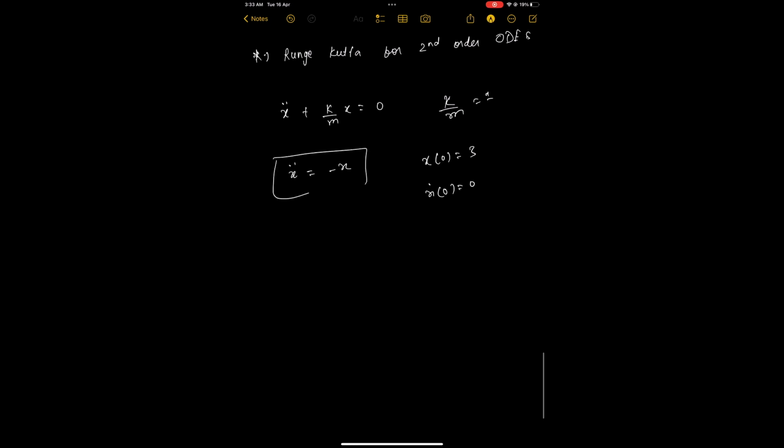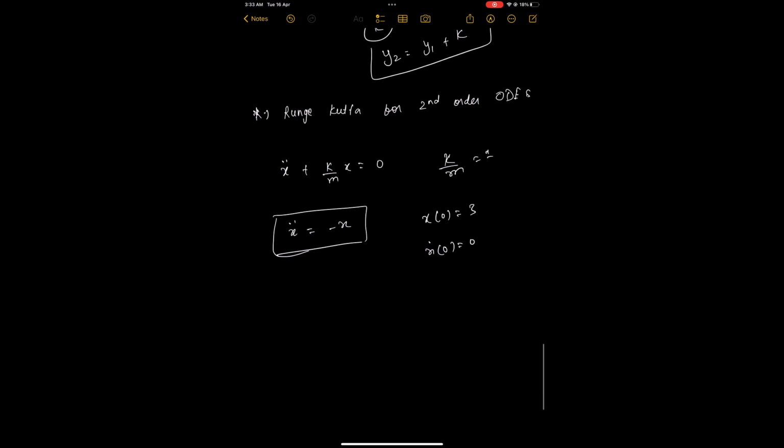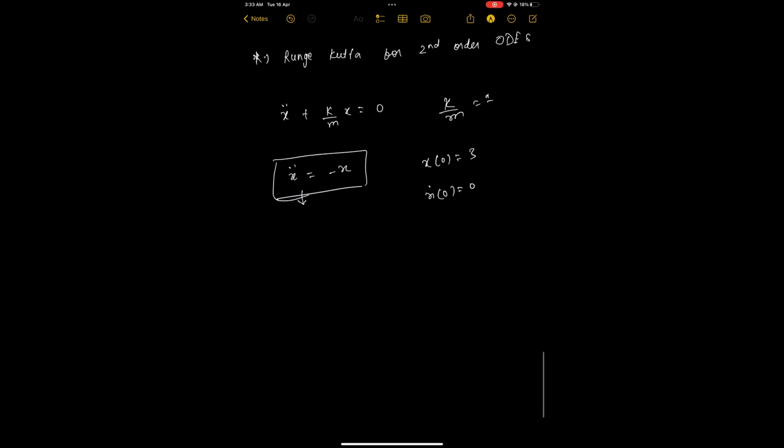So what we have to do in this problem is similar to the Euler's method for second order ODEs. We have to split it into a system of two first order ODEs. So let's assume x dot equals v. This is my first equation.